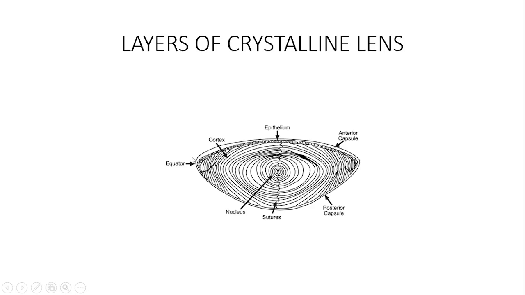For your information, it is the epithelial layer which brings about the capsule. So when mitosis occurs within the epithelial layer, it helps in further increasing the size of the capsule.